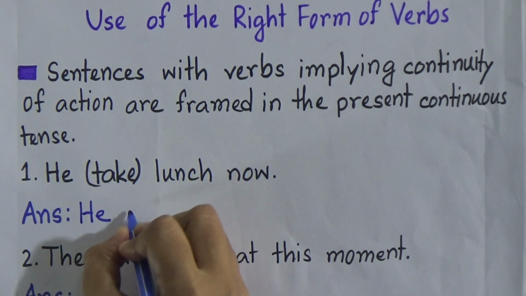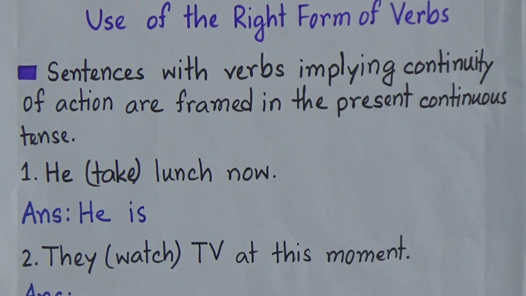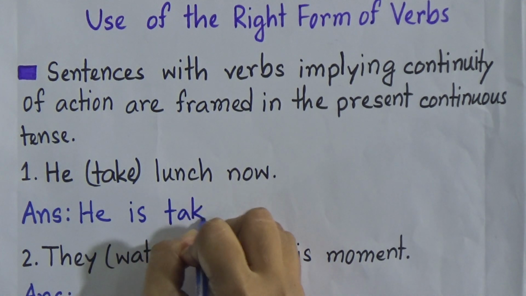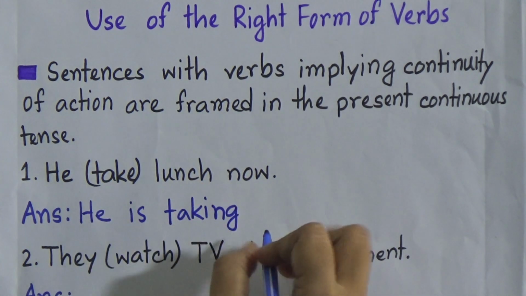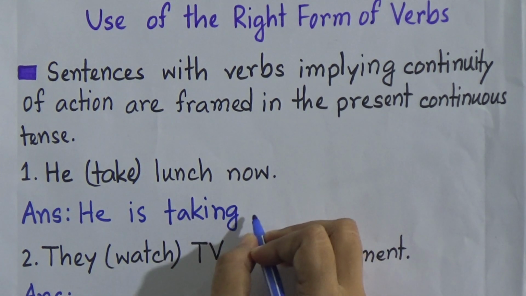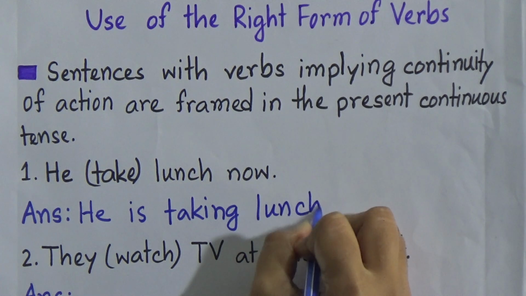So we will write here is. He is. Now we will write the verb along with ing. There is the verb take, so it will be taking. He is taking. Now the rest of the sentence, lunch. He is taking lunch now.